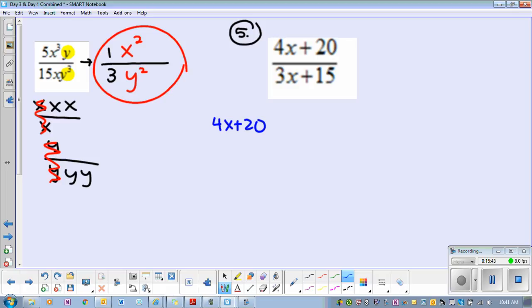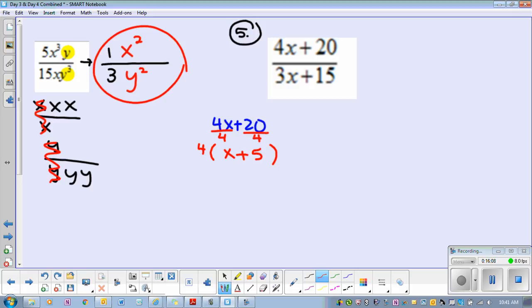What is the GCF? 4. Right? Okay. So I'm going to take a 4 out of there, and then you need to divide the GCF out of everything. And that's x plus what?